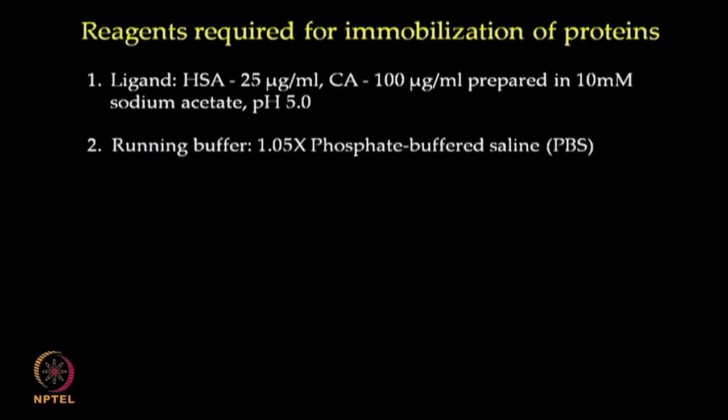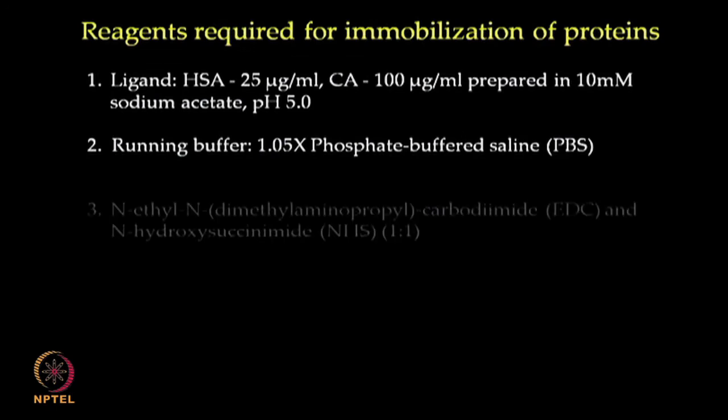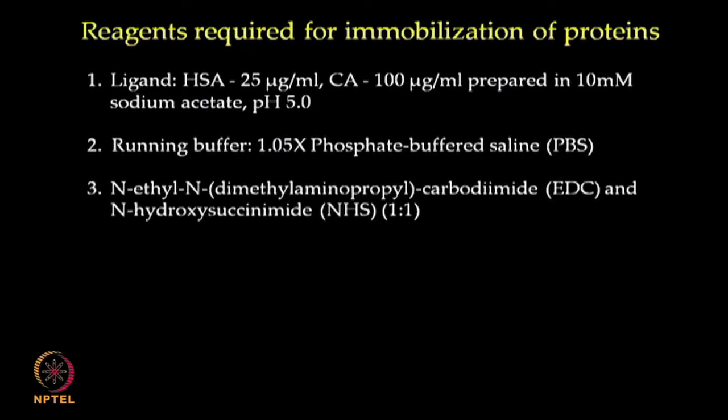We will be using 1.05x PBS buffer as the running buffer, which will be connected to the system followed by priming. EDC and NHS as prepared and suggested in the amine coupling kit for surface activation will be used in 1:1 ratio.